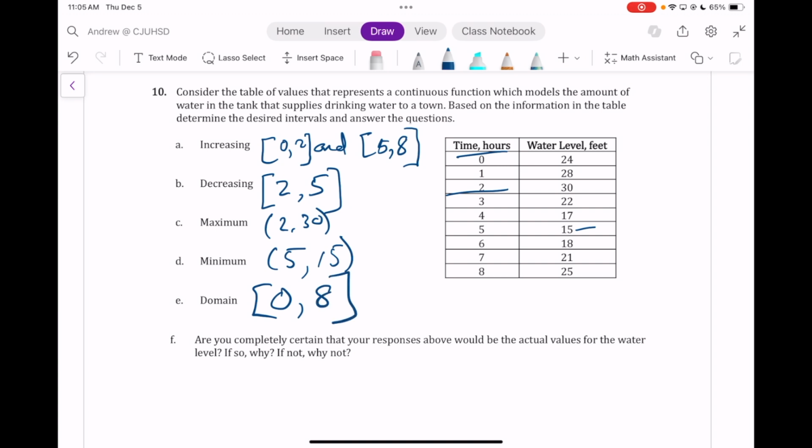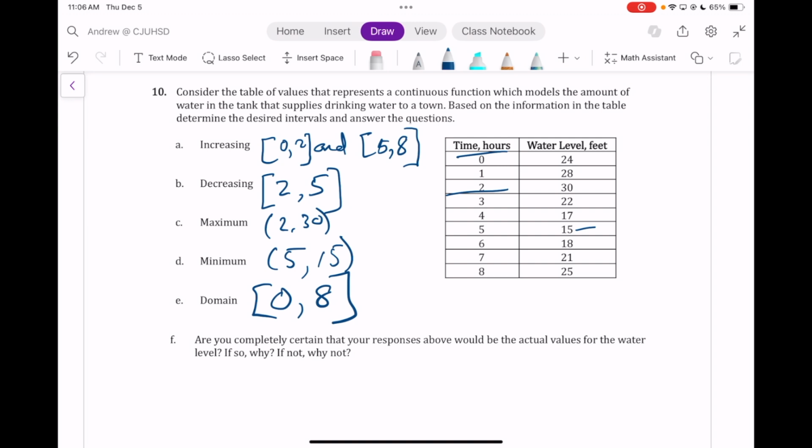Part F, are you completely certain that your responses above would be the actual values for the water level? And if so, why? And if not, why not? No, since the table of values are snapshots in time and a discrete data set, we don't know what the continuous function related to water level is doing between each hour measurement.